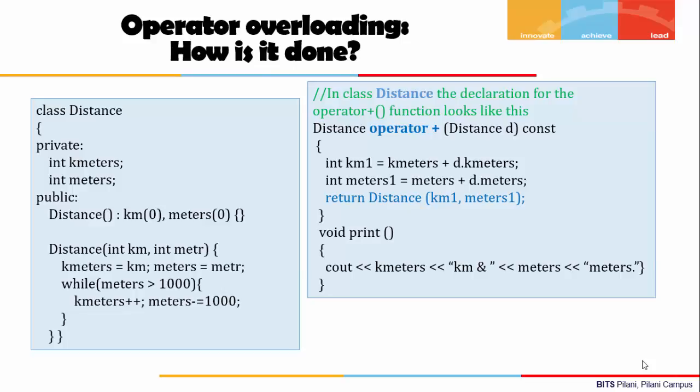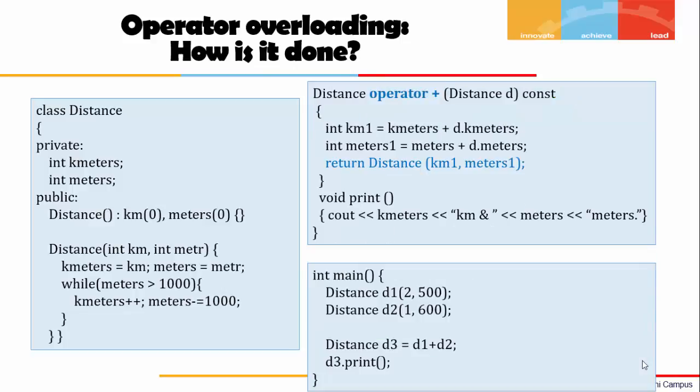We add them separately and then adjust for a carry if necessary, which is done in the distance constructor. The resulting values, the kilometers and meters, are then used to initialize a nameless distance object which is returned in the statement. So this distance object will be returned after doing the calculation.